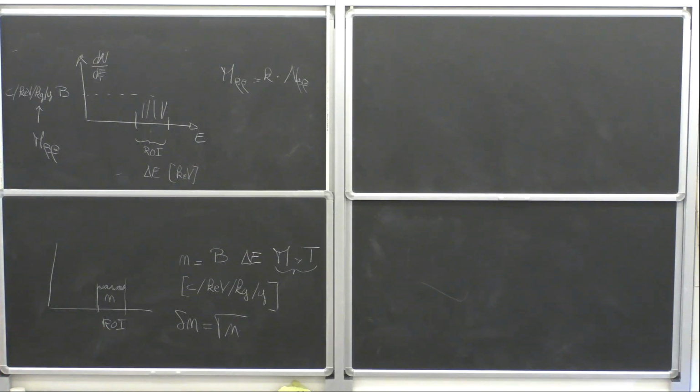If I have few counts, this approximation does not hold anymore, and I generally have to define an upper bound using Poisson statistics.